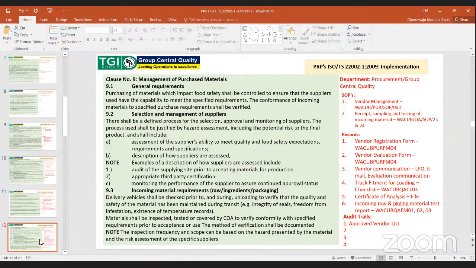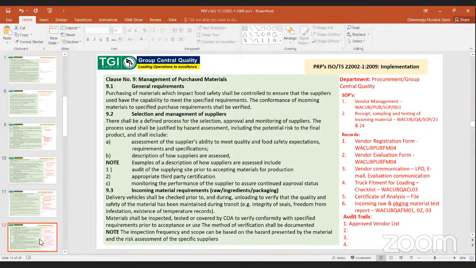So there should be a procedure. The procedure that is received sampling and testing is a procedure in place to ensure that Keyway is notified of any material that is coming in, and they also do some analysis and give their approval before they allow the material to come into our warehouse.